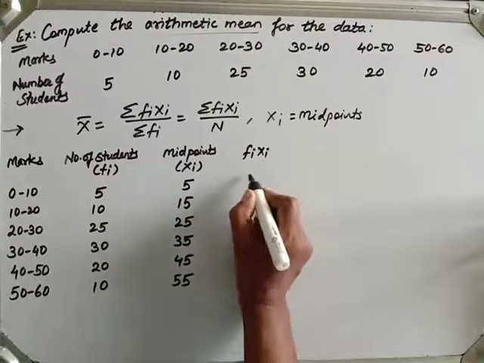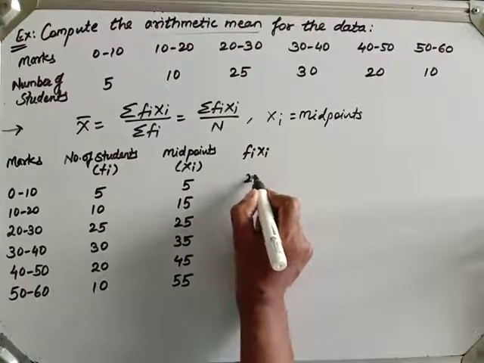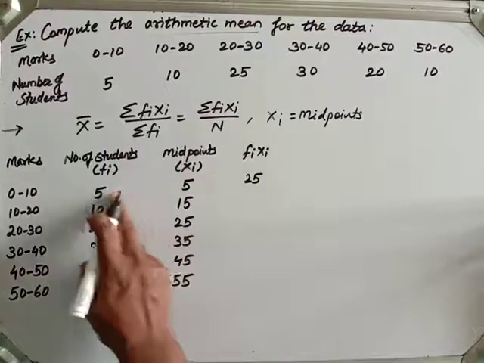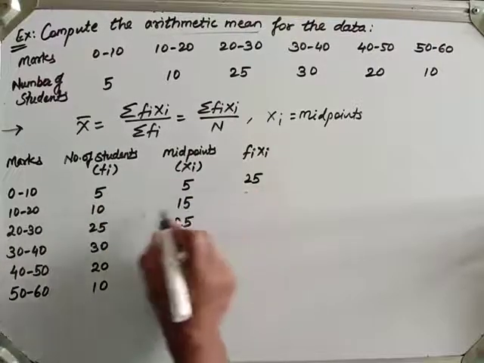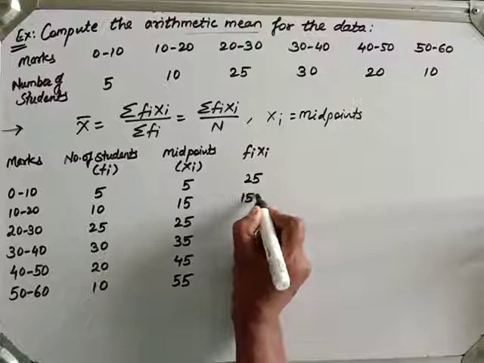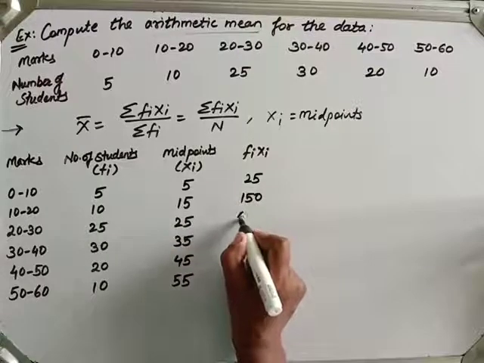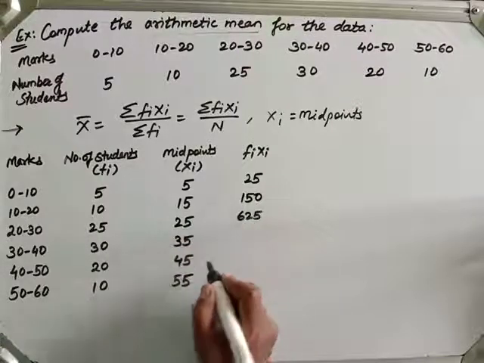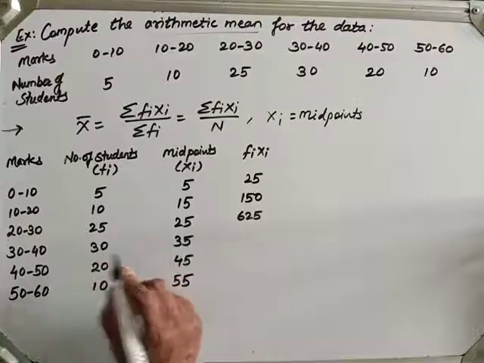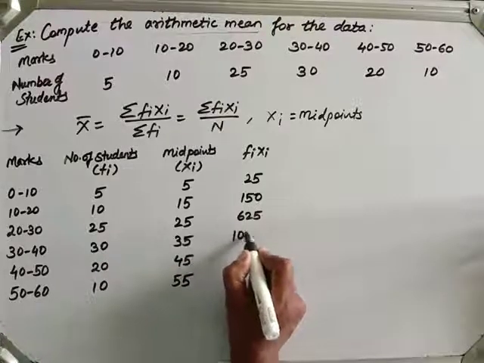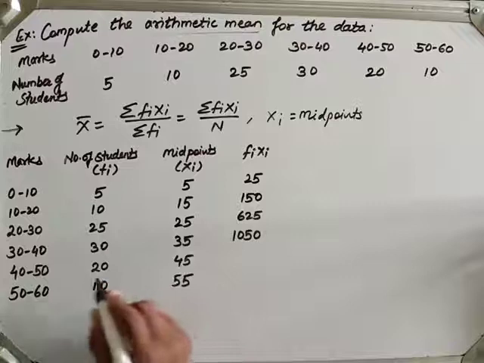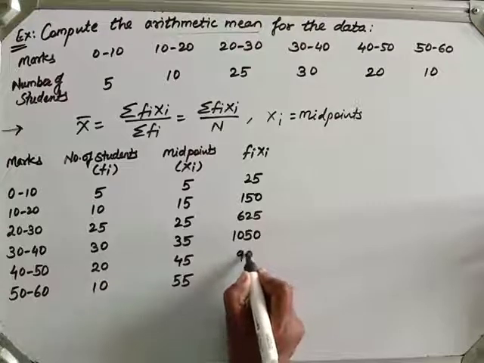So here fi into xi we get, this is the product of these two columns. So 5 into 5, 25. 15 tens are 150. 25 into 25 will be 625. 35 into 30 will be 1050. 45 into 20 will be 900.